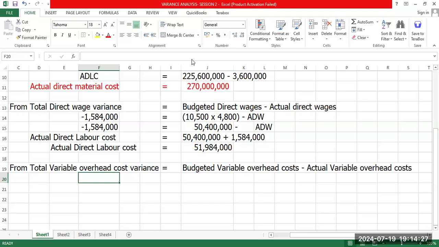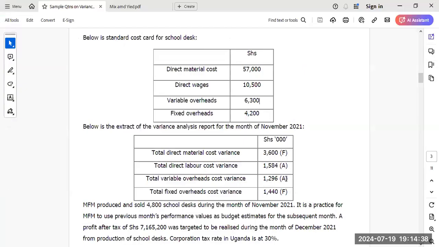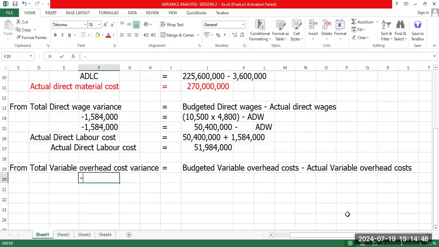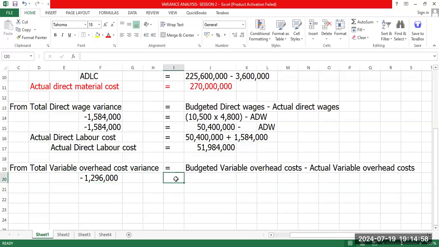The variance we have is adverse or favorable? The variance we have is adverse, so it is also negative: negative 1,296,000 will be equal to, how can you get the budgeted variable overhead?